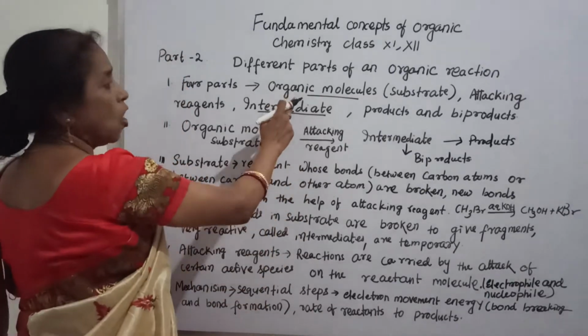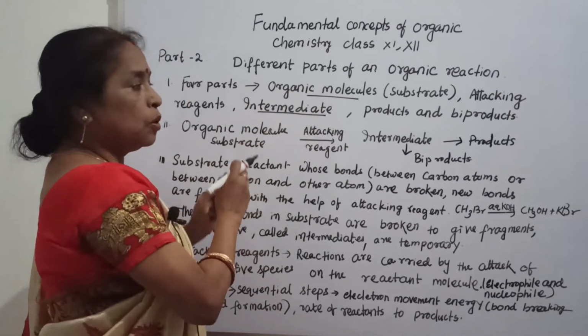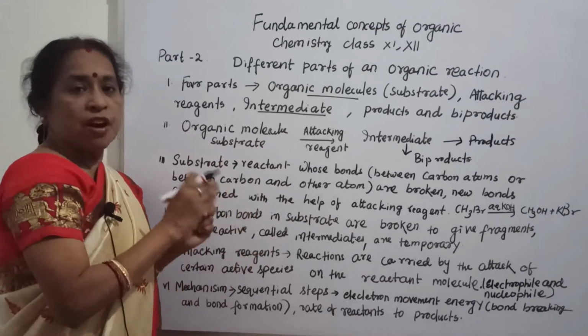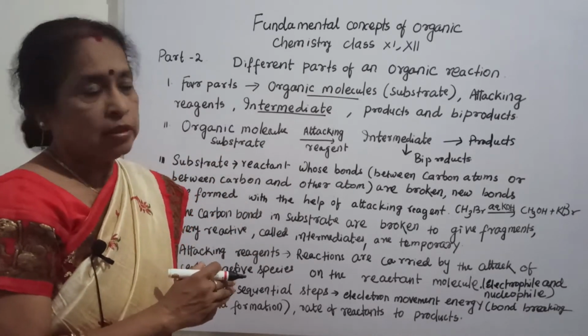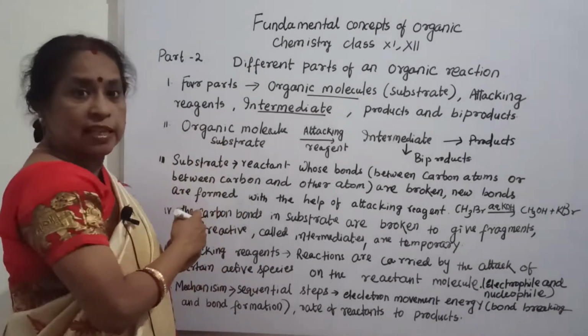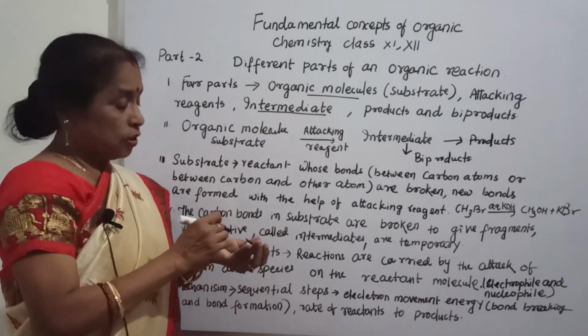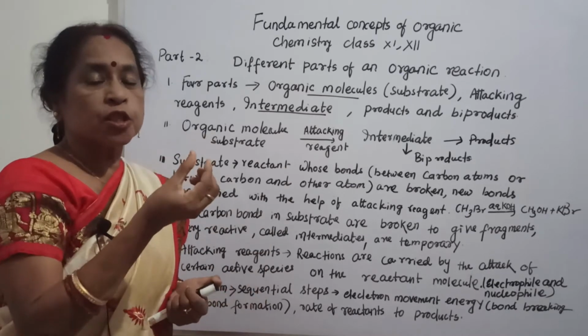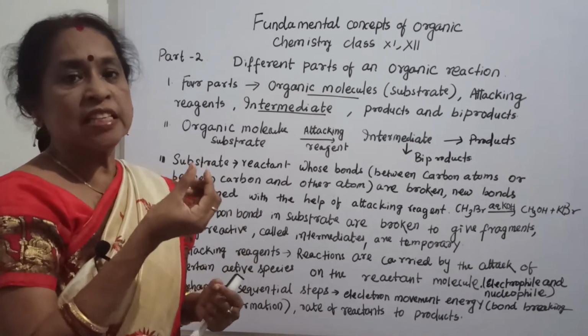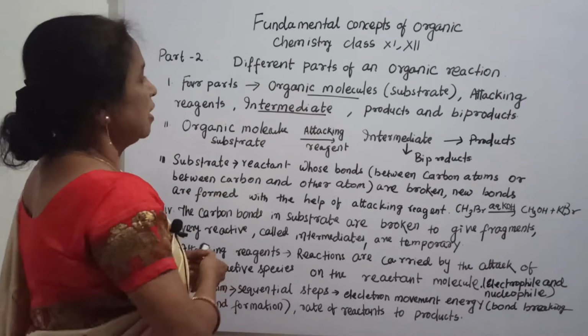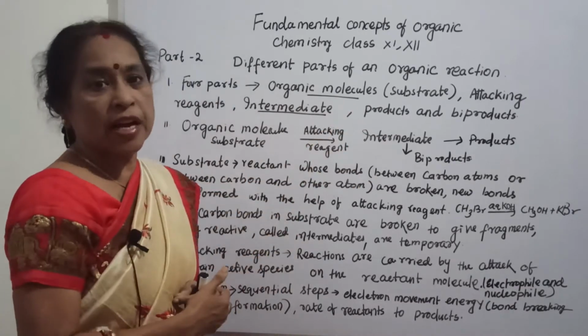Again see, the organic molecule which is called substrate contains covalent bonds, and the attacking reagent will react with the substrate. The intermediate which is formed is only a temporary one, and lastly it produces products and byproducts.